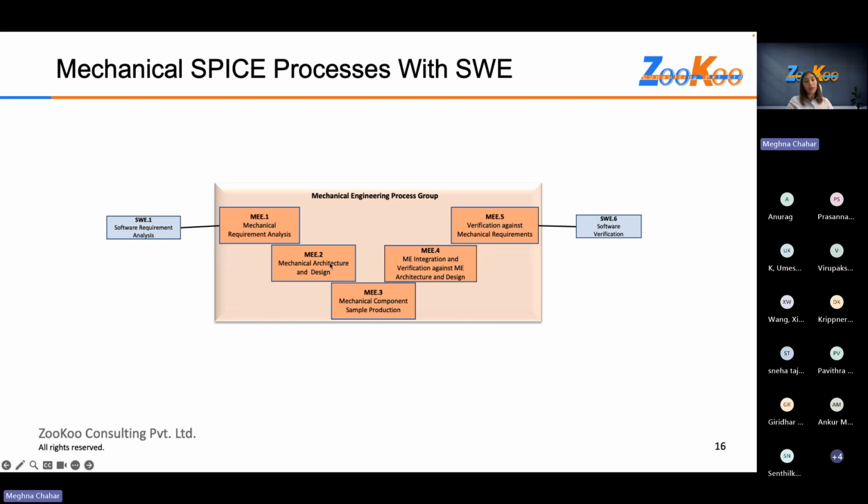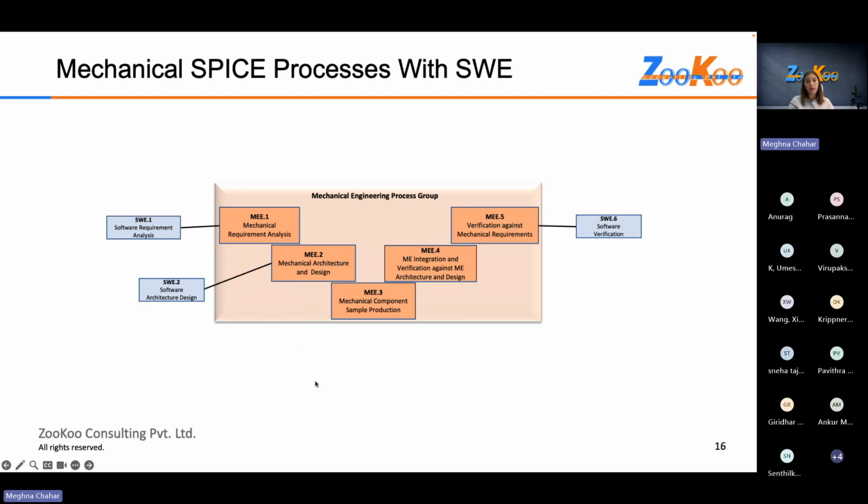When we go for MEE2, here we have two things. We have mechanical architecture and design. So here we are considering two things: the mechanical system architecture, and the component design. What we used to do in software, we had one software architecture, then we used to go for the SWE.3 process.